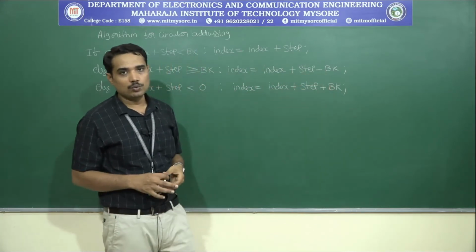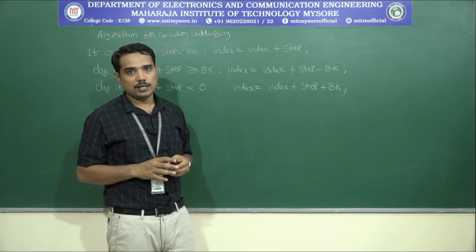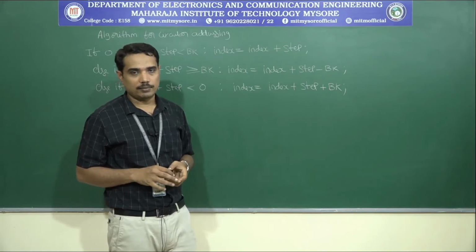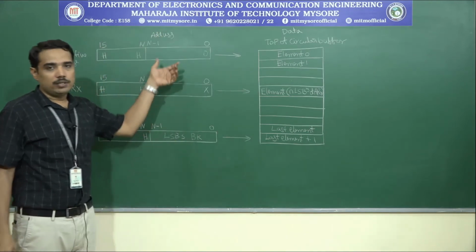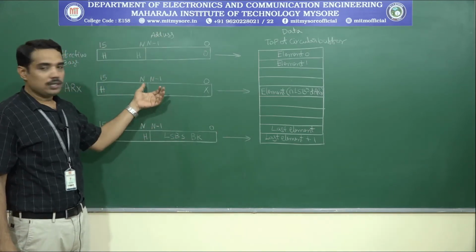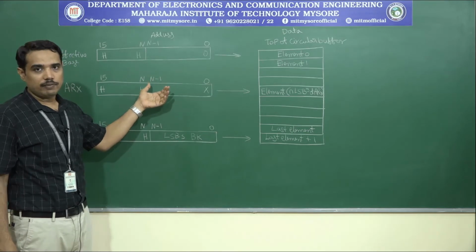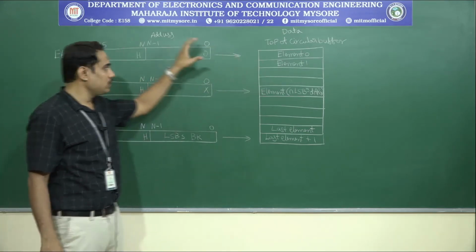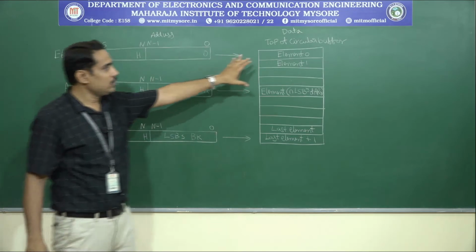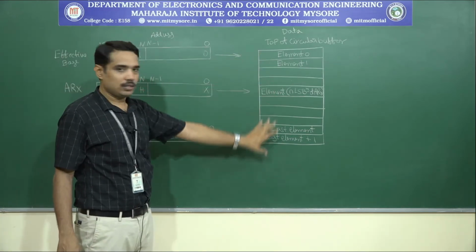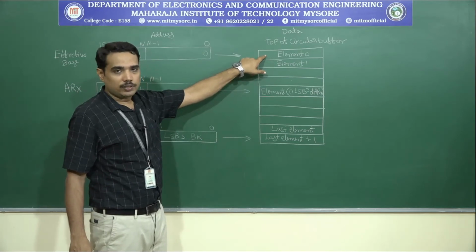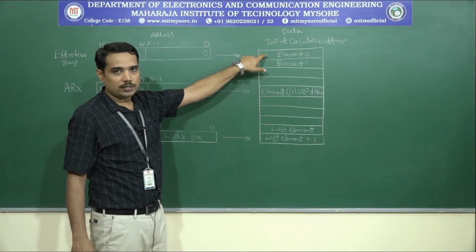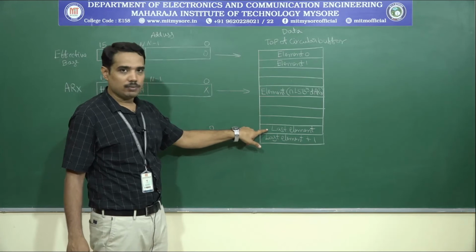Now let us see how the circular buffer is implemented with the help of a diagram. This diagram illustrates the relationship between the generated values and the elements in the circular buffer. We know that the first element starts from the n-bit boundary, that is 0, and this is the last element.